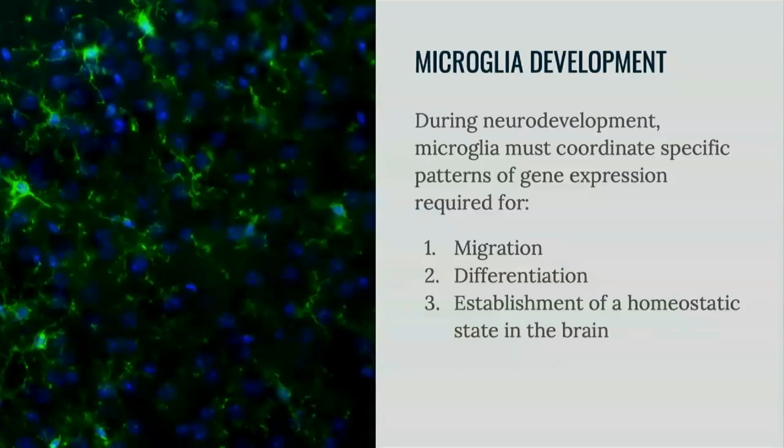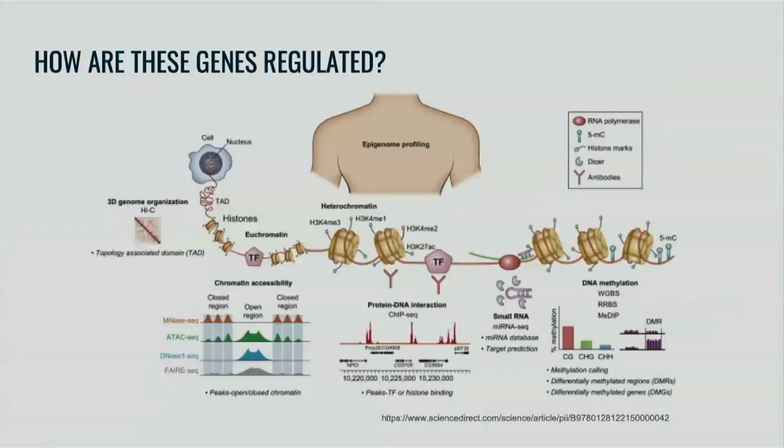And this precise regulation is orchestrated by what's known as epigenetic mechanisms, which regulate and influence gene expression without actually changing the underlying genetic sequence. So as you can see here, there are a whole host of different epigenetic modifications.